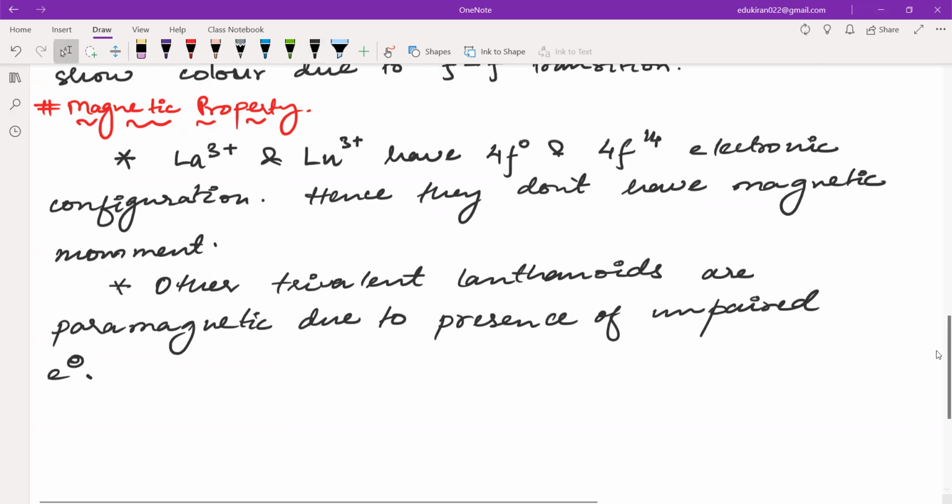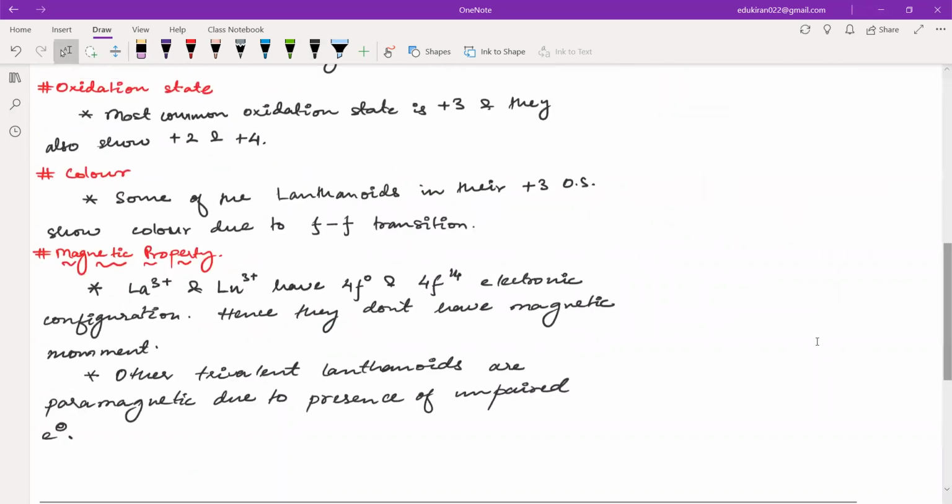Now, you write this much, then we will talk about an important point from where the questions come. That is lanthanide contraction.